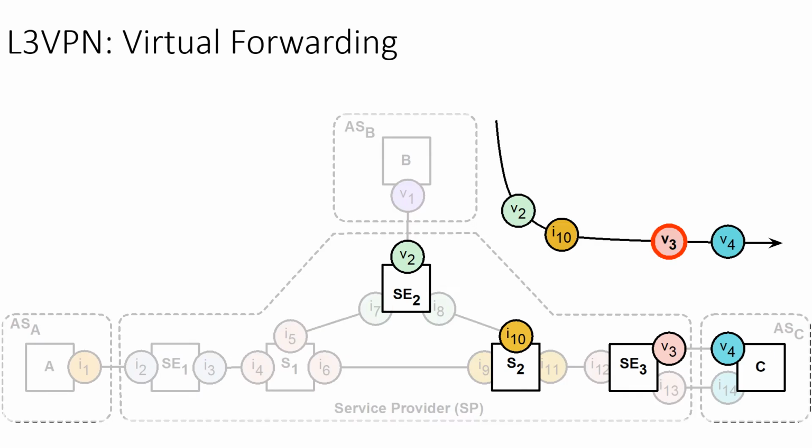Second, when a traceroute reaches the exit router of an L3 VPN, we get a weird response. Rather than report the inbound or off-path address, the L3 VPN exit router, SE3, reports the address of the interface that would have continued forwarding the packet toward the destination.